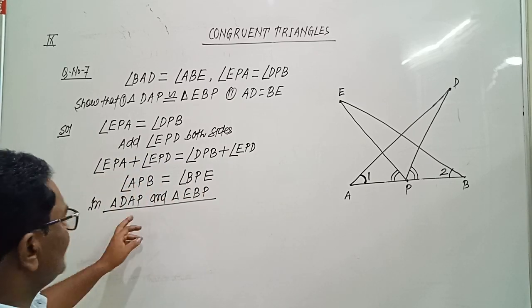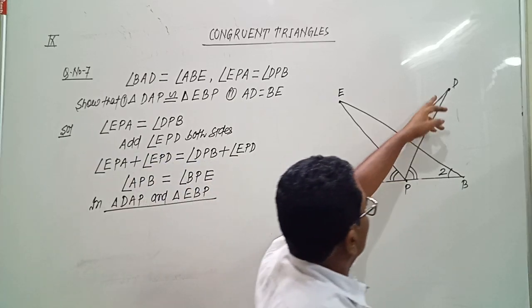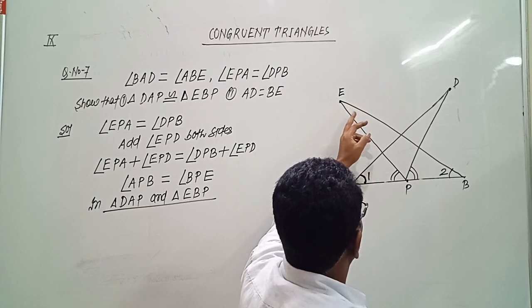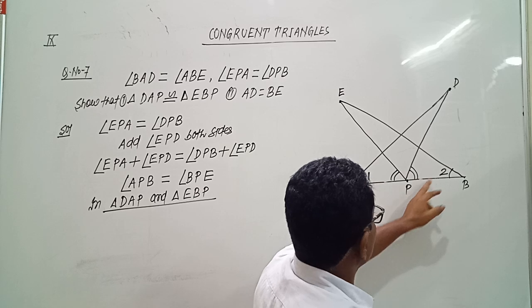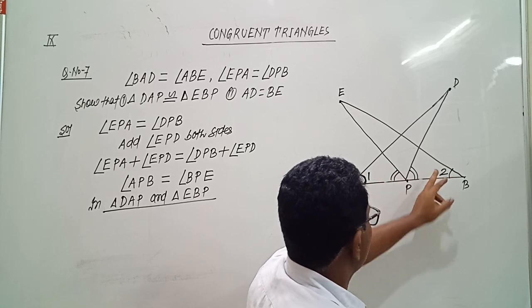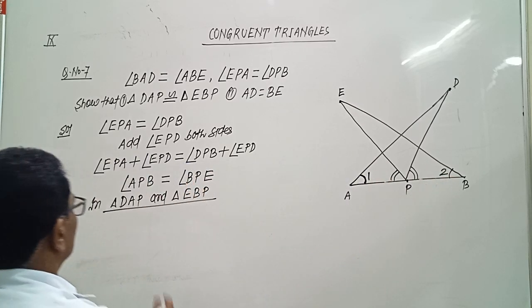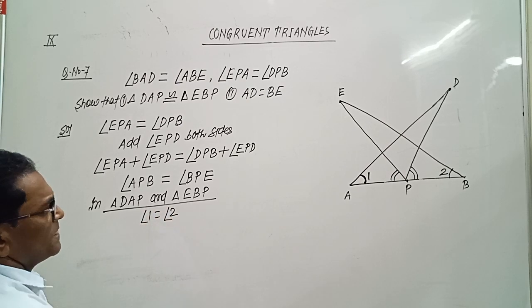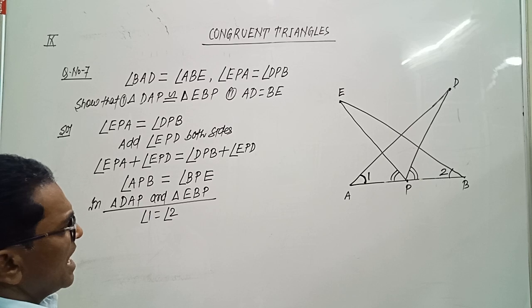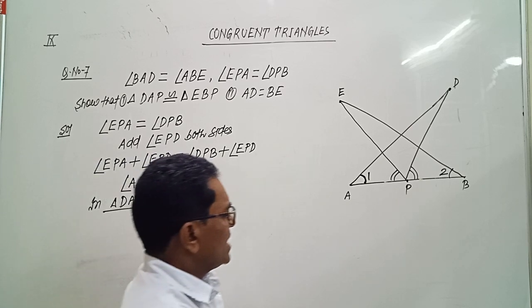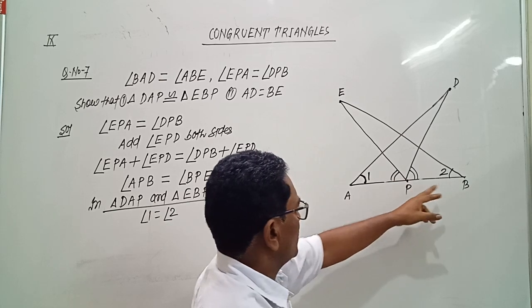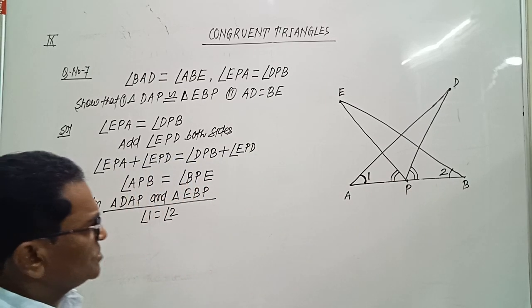In triangle DAP there is angle 1, and in triangle EBP there is angle 2, and these two angles are equal. So angle 1 equals angle 2, and we have given that P is the midpoint. Therefore, AP equals BP.